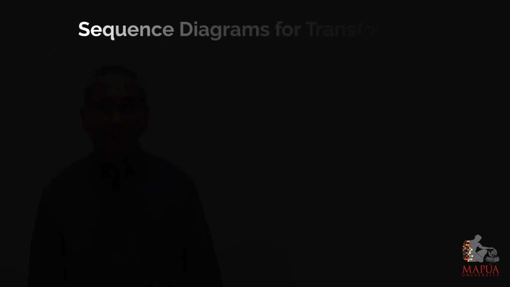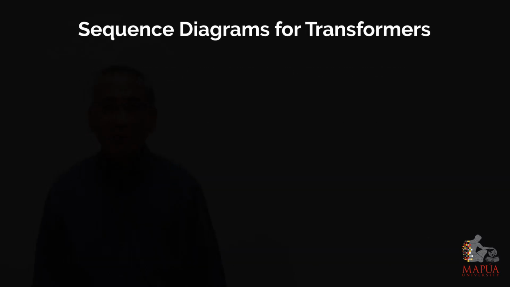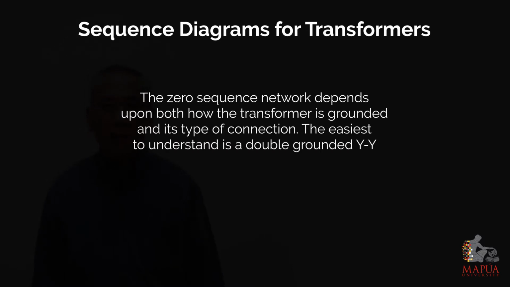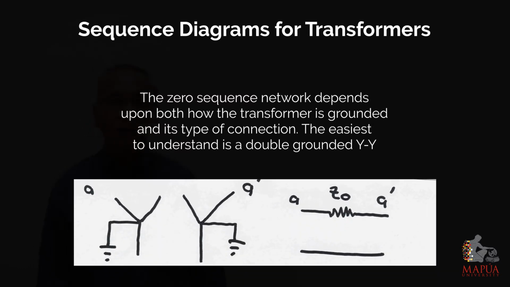Now, the positive and negative sequence diagrams for transformers are similar to those for transmission lines. The zero sequence network depends upon how the transformer is grounded and its type of connection. The easiest way to understand is a double Y-Y. In that diagram, we have a Y-grounded Y, both on the primary and secondary side.